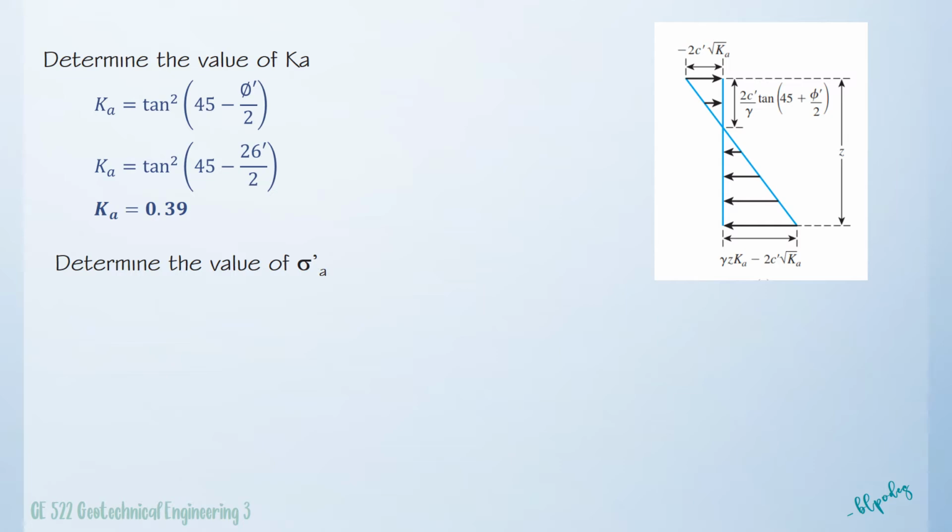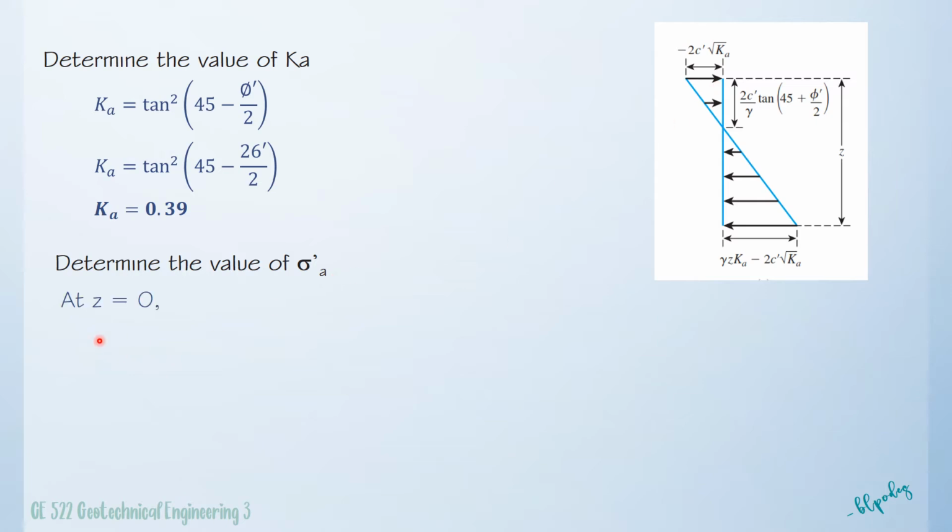Again, since we have a value of C, the soil is not cohesionless but cohesive, let us now determine the Rankine's active earth pressure.